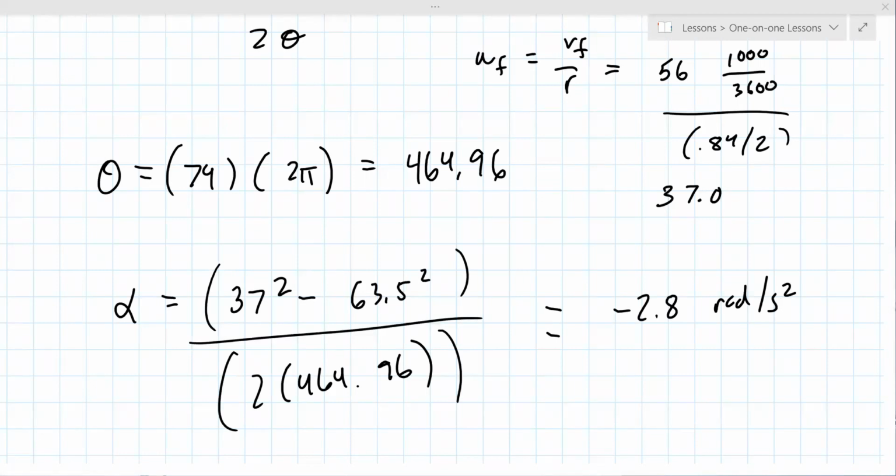Those are incorrect somehow. No way. Did you put the negative in for angular acceleration? Yeah. I had negative 0.29, and then I put negative 0.28.